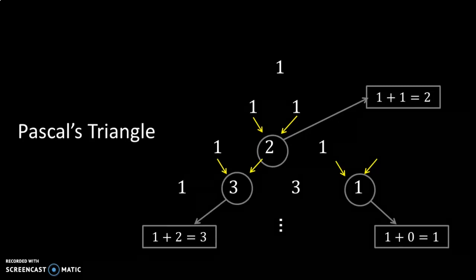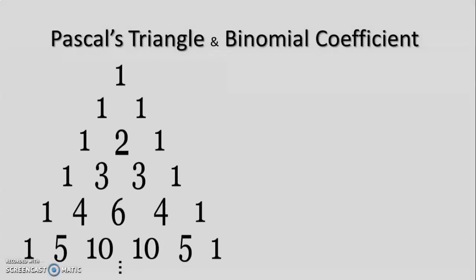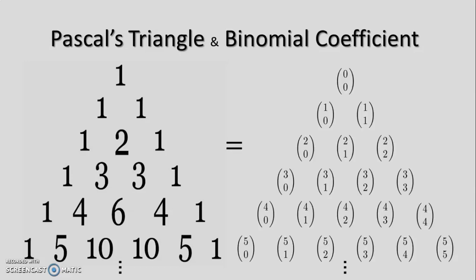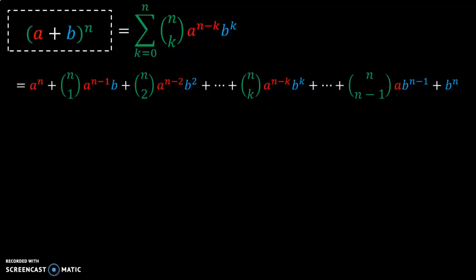And there is a relationship between Pascal's triangle and the binomial coefficient. We will see that Pascal's triangle corresponds to the binomial coefficients if we arrange them in a certain way. This implies that we can use Pascal's triangle to deal with the question.